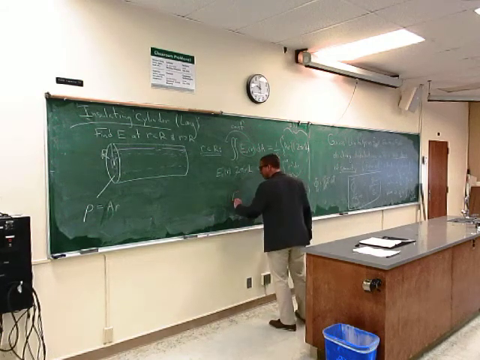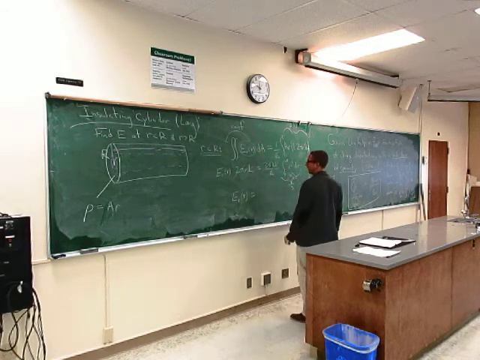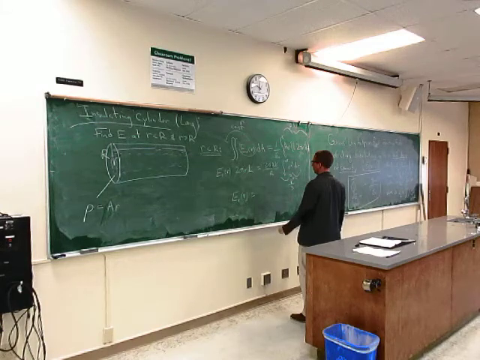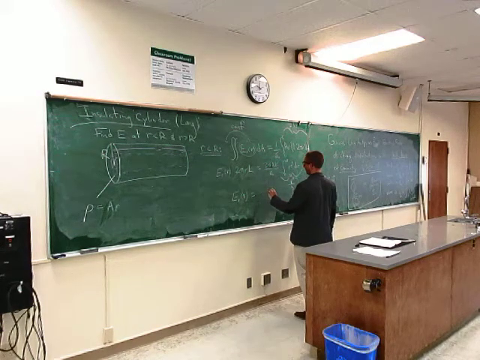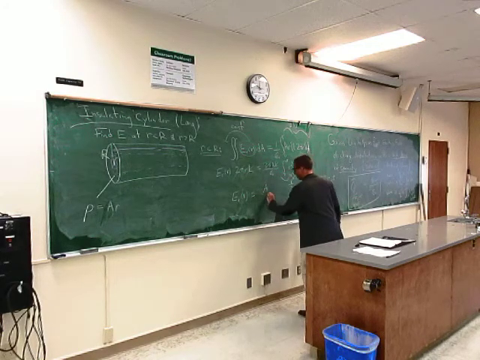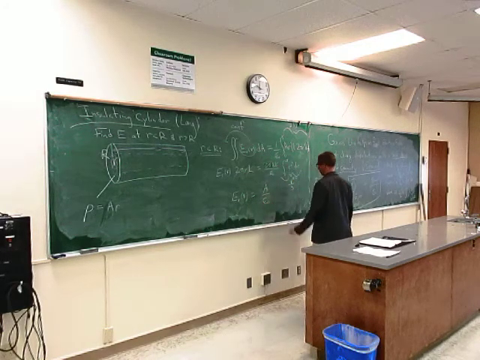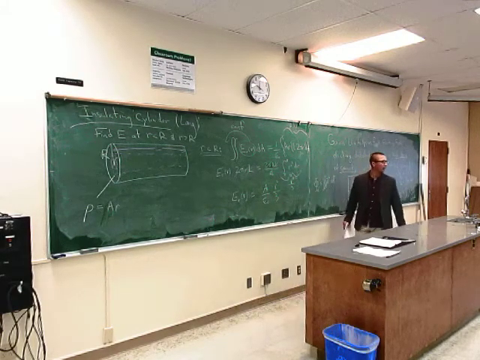So I just have E r as a function of r is equal to A over epsilon naught r squared over 3.